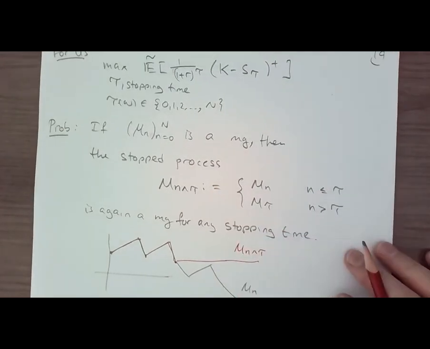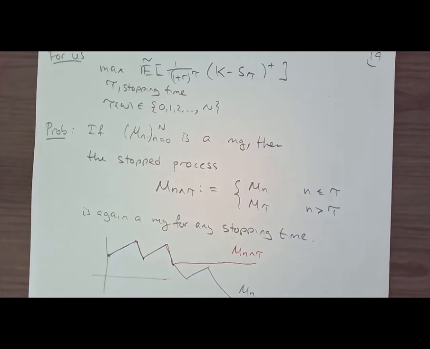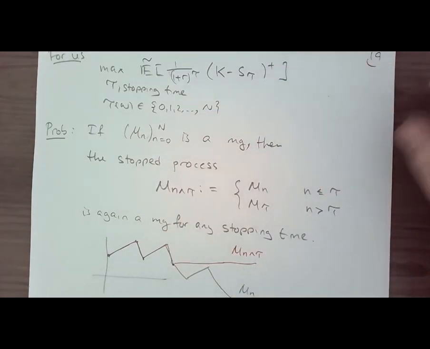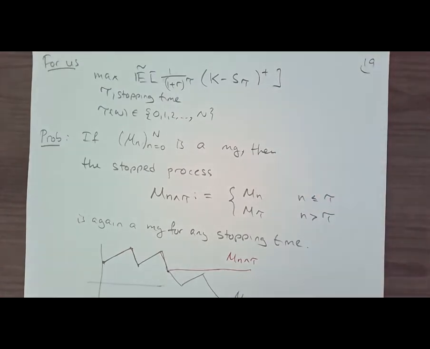So these stopped processes play a role in probability, and when you read through the text that we're using, stopped processes are also used in there quite a bit.